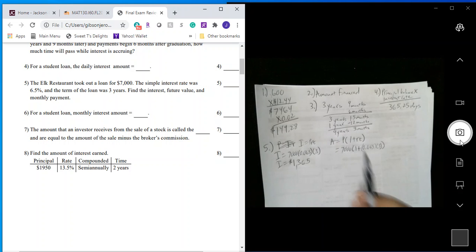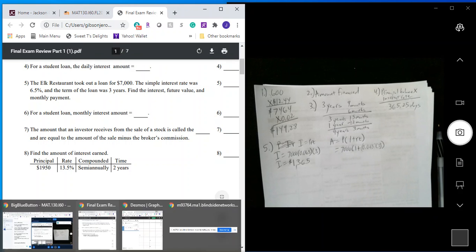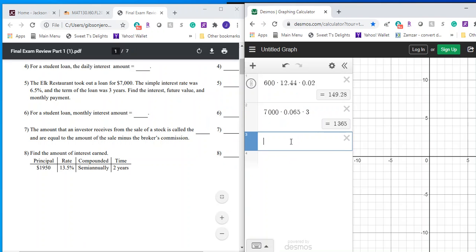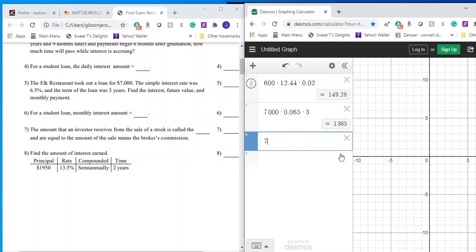So we could put this in our calculator. So we would have 7,000 times (1 plus 0.065 times 3). And our answer here would be $8,365.